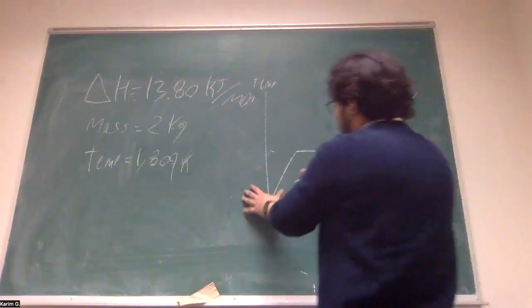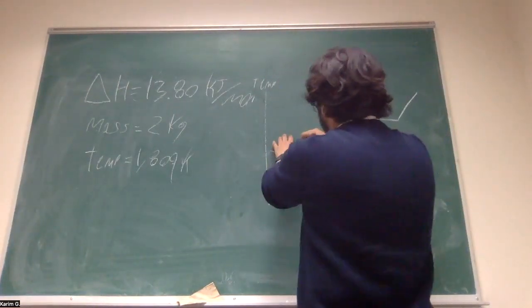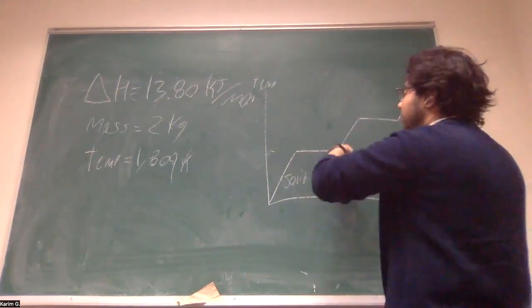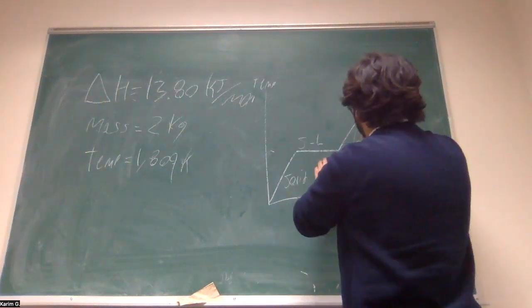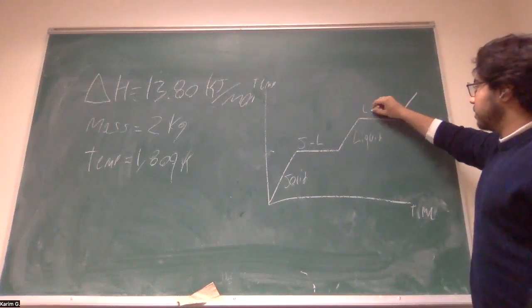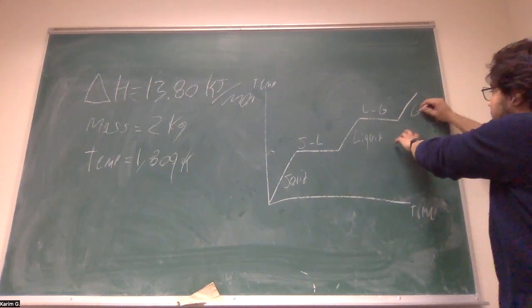So then we have something like this. This slant right here would be solid. This flat surface would be solid to liquid. And then here would be liquid. And then here would be liquid to gas. And then here will be gas.